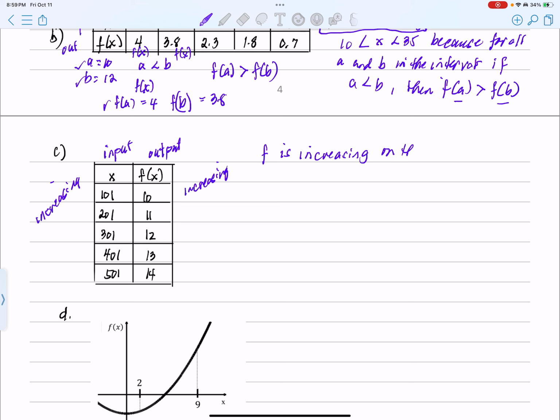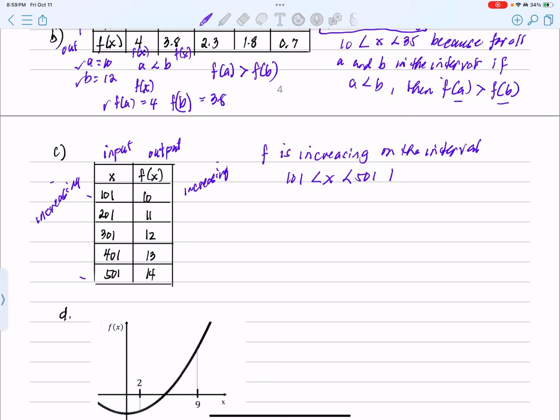So, on the interval of, what is our interval here? Let's look at the A. From 101, between 101 to 501. That's our interval.